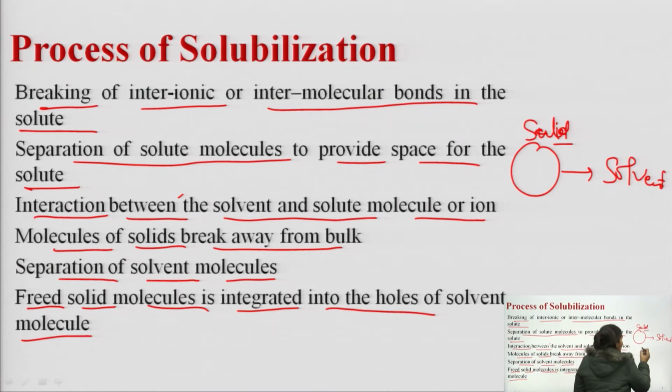Okay. This is the solute molecule. When we are trying to solubilize this solid molecule in a certain solvent, then we have to separate these solute molecules, so that there is enough space for the solvent molecule to penetrate into it. Okay. Third is interaction between the solvent and solute molecule or ions. Fourth is molecules of solids break away from the bulk.